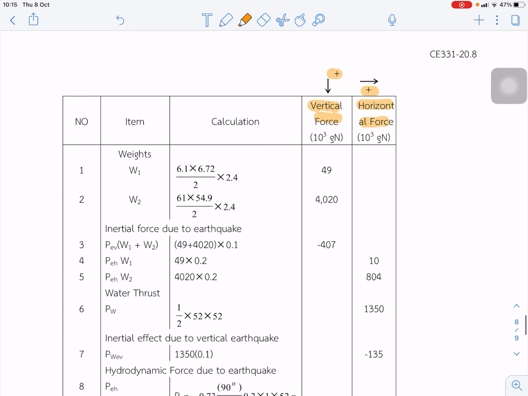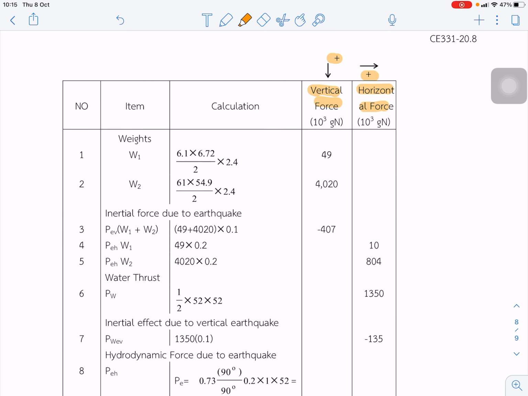Okay. So we can calculate the weight of the concrete. We divide it into W1, W2. We use the unit of this weight as 10 to the power 3 kN. So we use the specific weight of concrete, 2.4 ton per cubic meter.